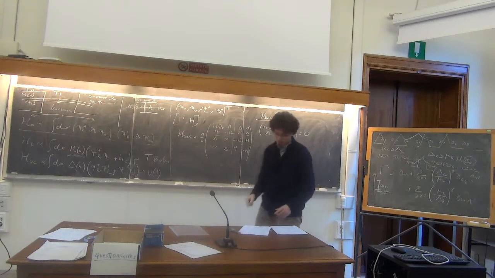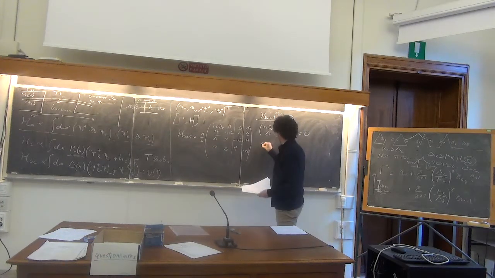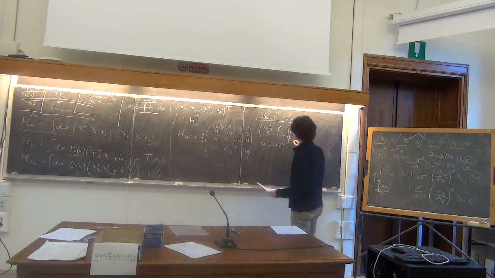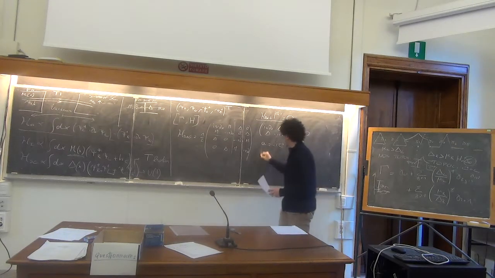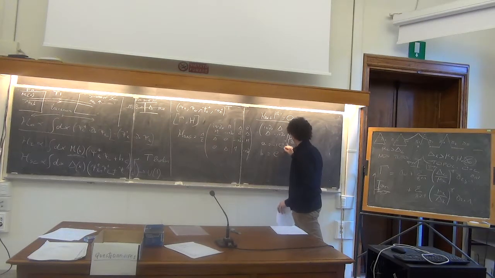Equal to zero, and by solving this, I simply obtain that a will be written as minus i times the exponential of minus the integral of delta over x prime from 0 to x, and instead b becomes the same exponential.